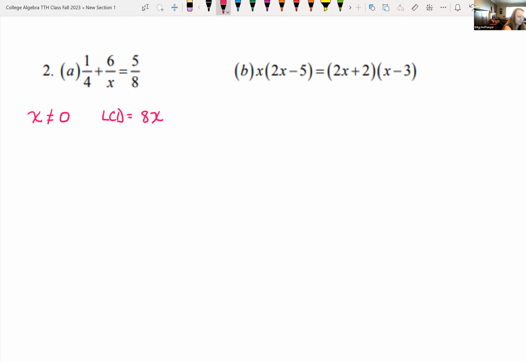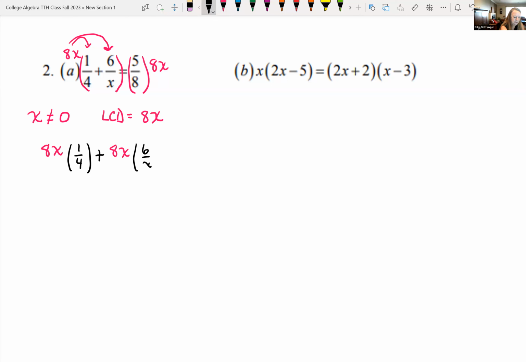So we're technically multiplying each side of this equation by our LCD, which is 8x. If I distribute my 8x to each term on the left-hand side of my equation, I would be left with 8x times 1/4 plus 8x times 6/x is equal to 5/8 times 8x.